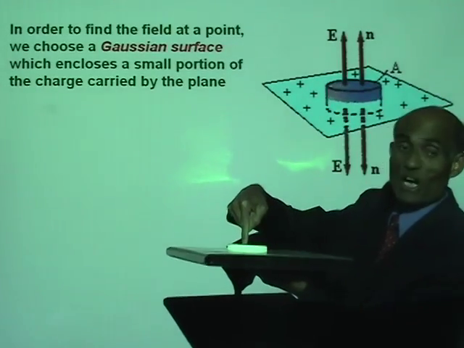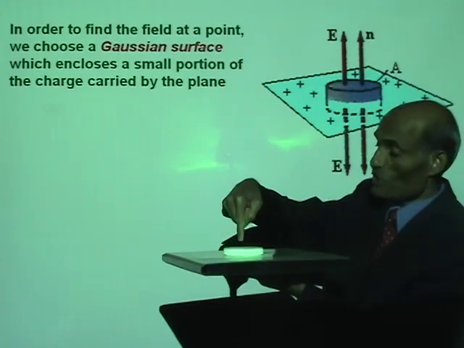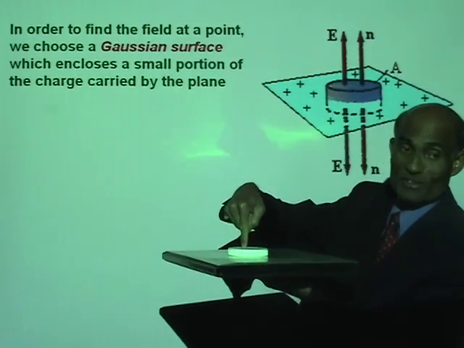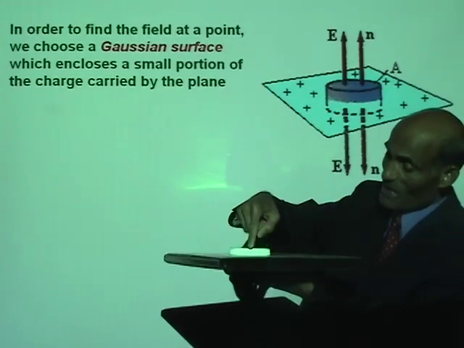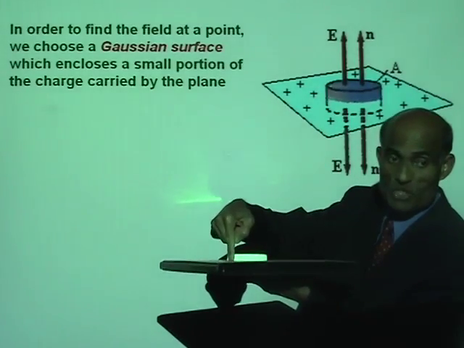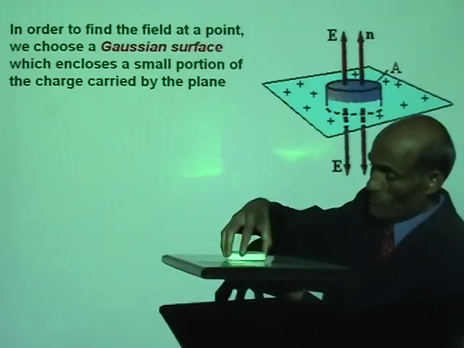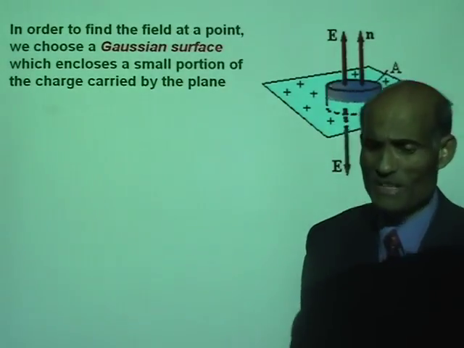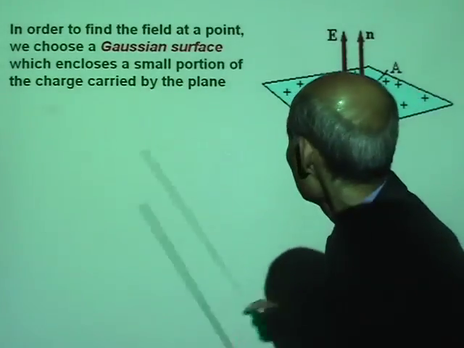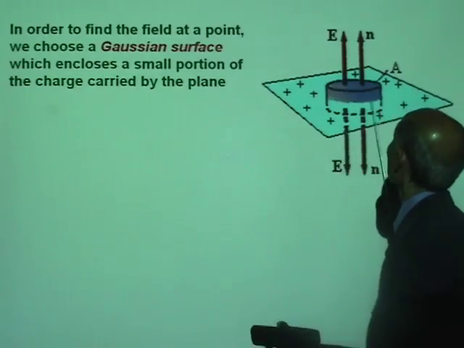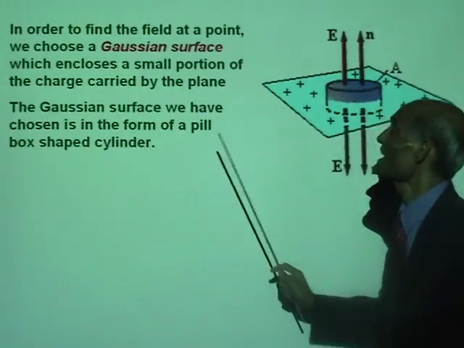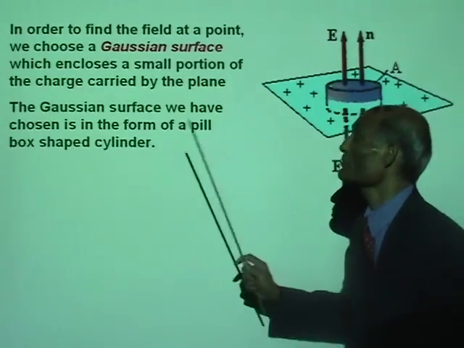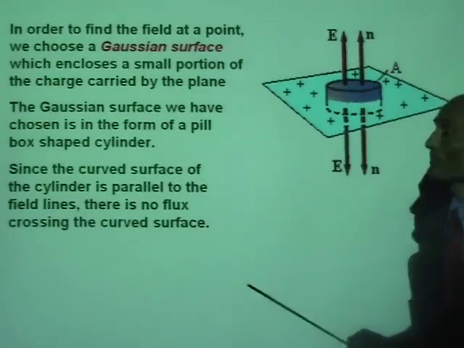So we take a Gaussian surface which contains the point where we want to find the electric field, which encloses a certain amount of electric charge of the plane surface. That's what we're going to do. And this is the pillbox that I have chosen.